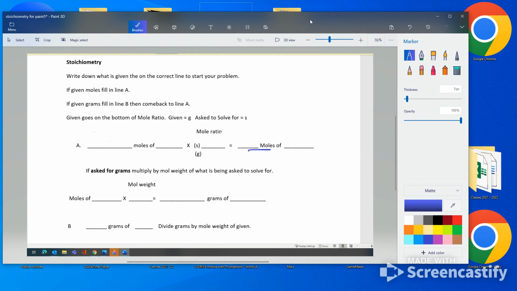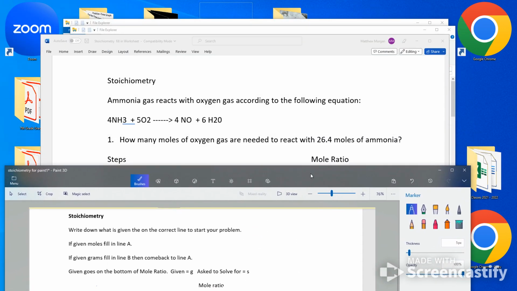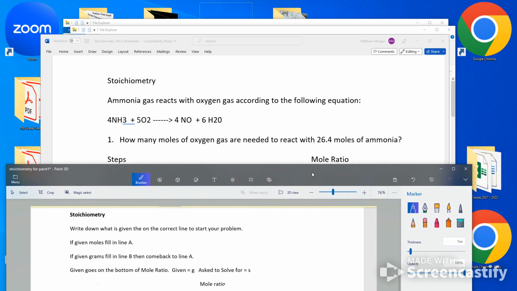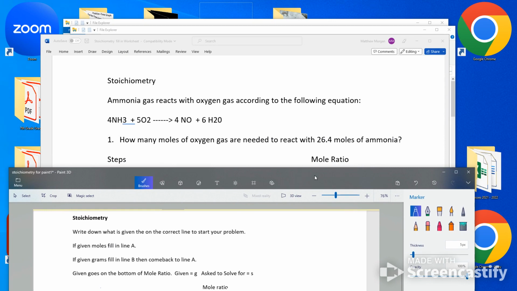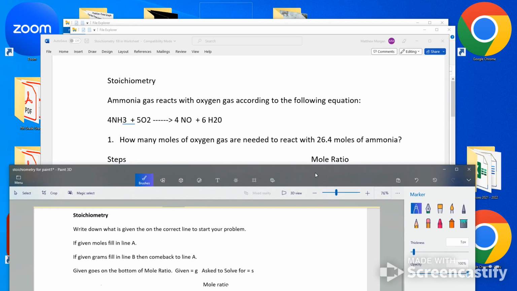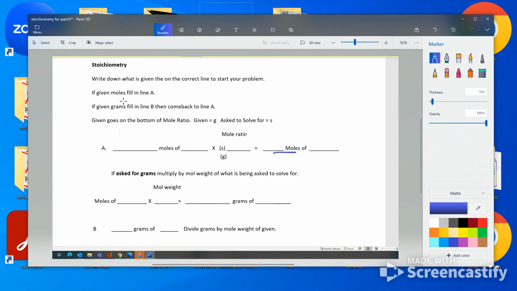So we're going to look at this, and we're going to read the question. How many moles of oxygen are needed to react with 26.4 moles of ammonia? The first thing I want you to look at is, what do you have and what are you going to? You are given 26.4 moles of ammonia. So on here, you're given 26.4 moles.